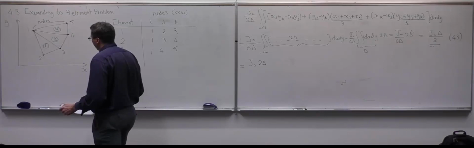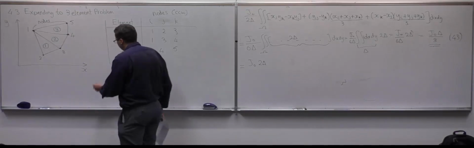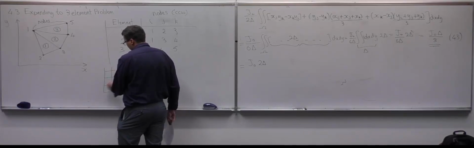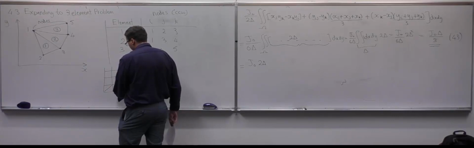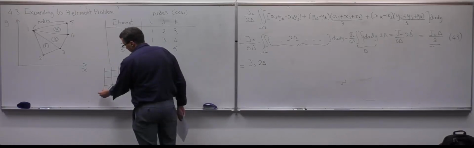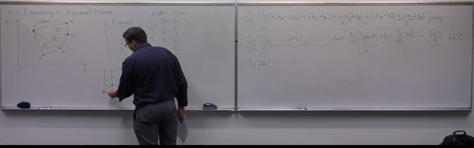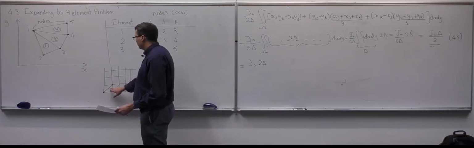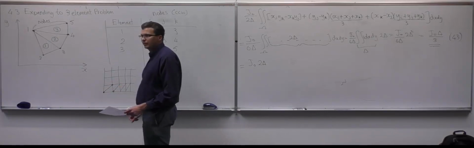I mean, the example I'll show in class next time is broken up into grids. So you have to have a consistent numbering system. How you decide on that is up to you. The important thing is to keep track of what nodes are related to which element.